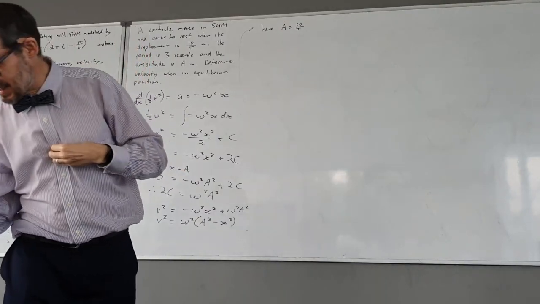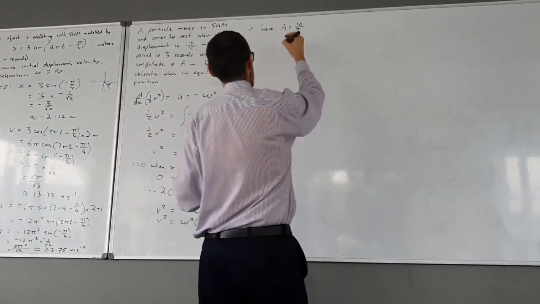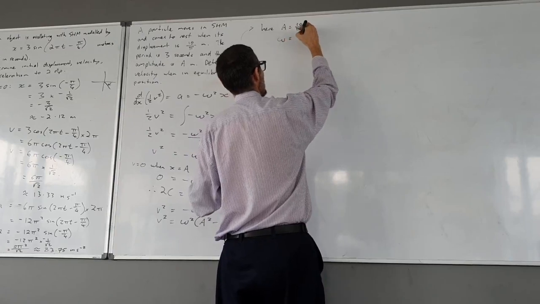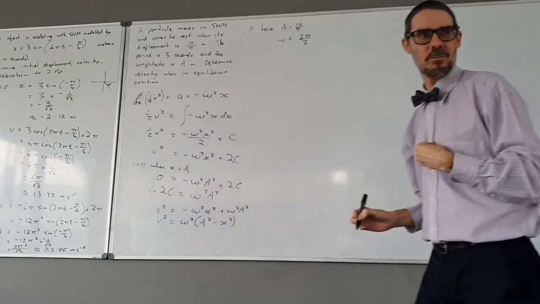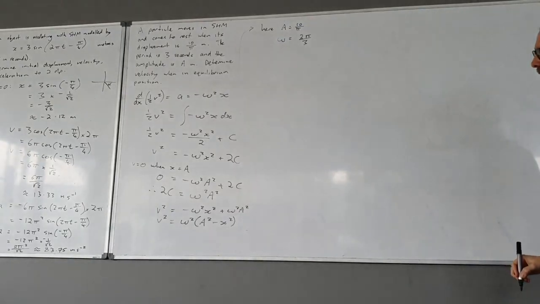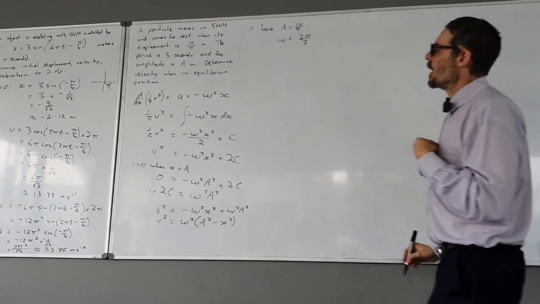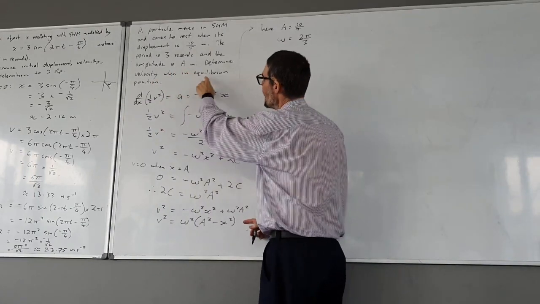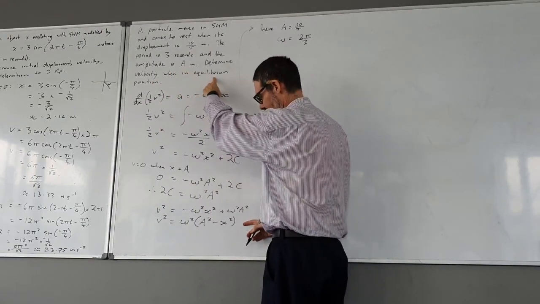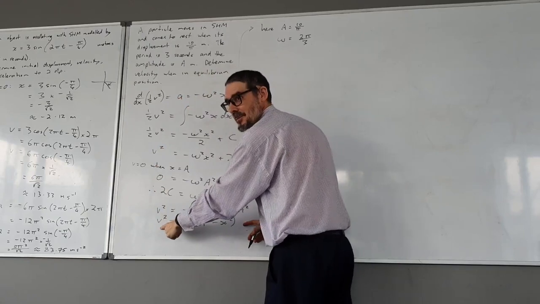The period is 3 seconds, so omega must be 2 pi over 3. And therefore I can use this equation to go quickly from equilibrium position to velocity.